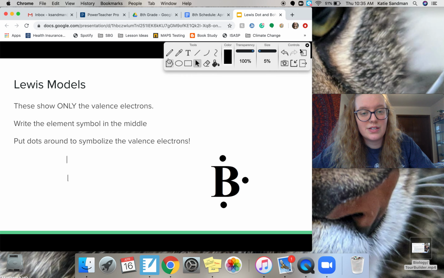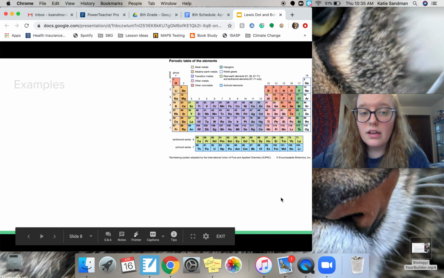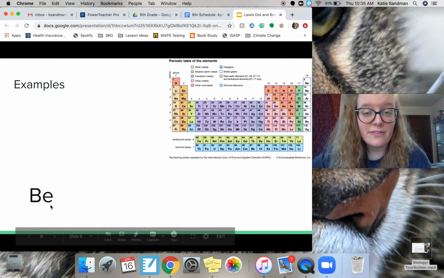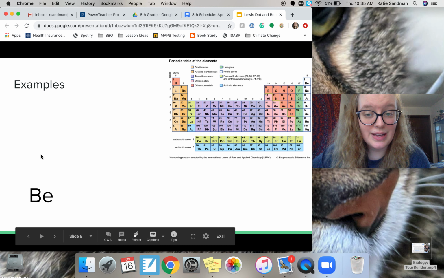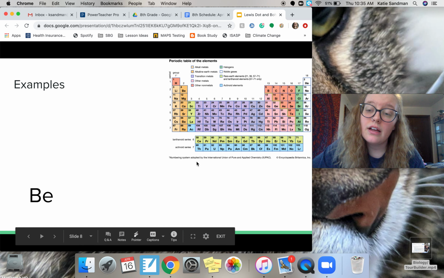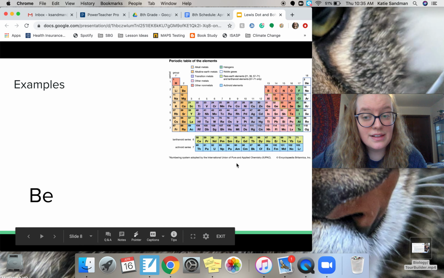I'm going to get rid of these lines. There we go. So here are some examples for us. First, we're going to go with beryllium. I tried to include a periodic table on here so that way you can see how many electrons it has.